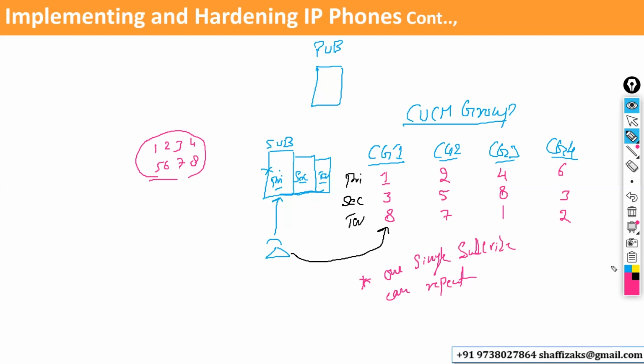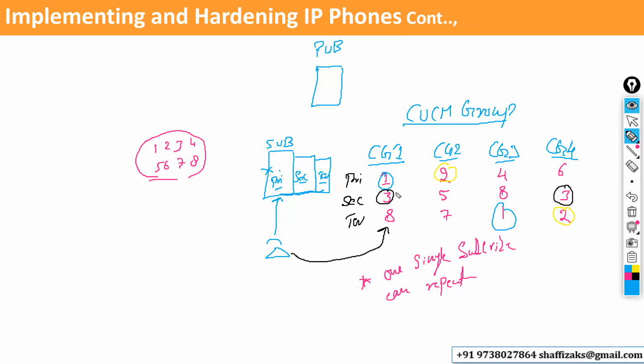It can repeat. So 3 I have here, 3 I have here; 2 I have here, 2 I have here; 1 we have here, 1 we have here. One server can repeat in multiple groups.